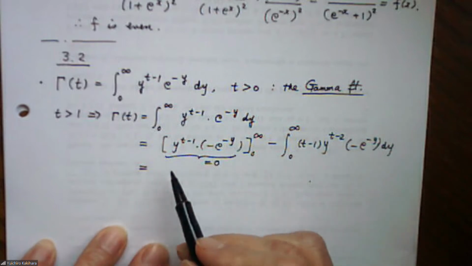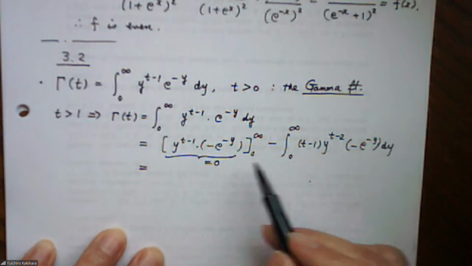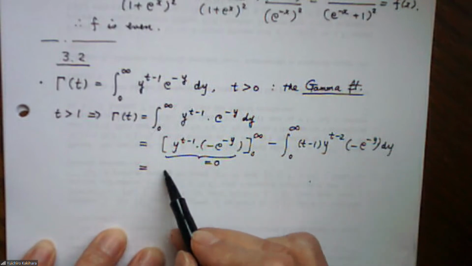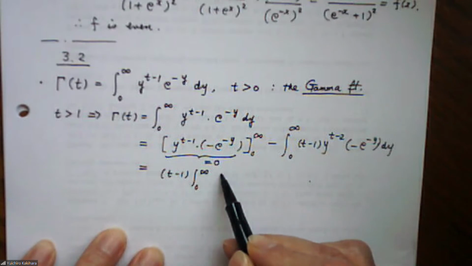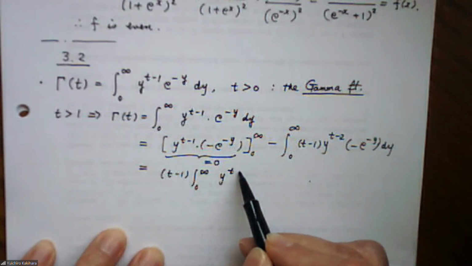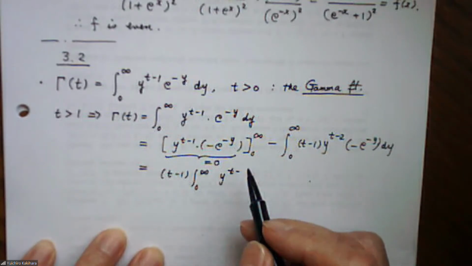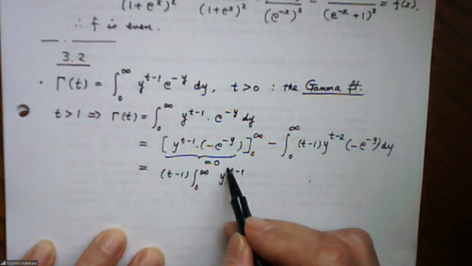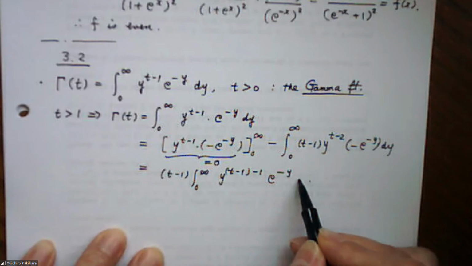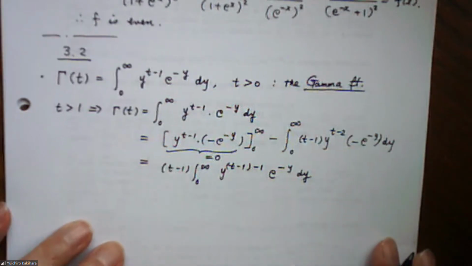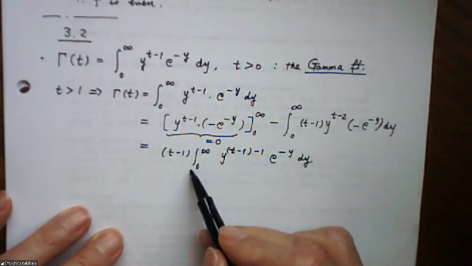Now, what is this? The t minus 1 goes outside, and also this negative goes outside. This is t minus 1 times the integral from 0 to infinity of y to the t minus 2, that is t minus 1 minus 1, dy. What is this integral?